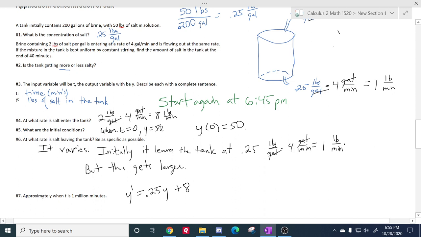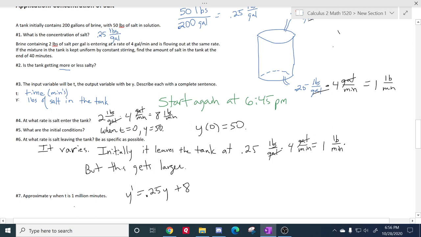But we can also just look at this by itself. Approximate y when t is 1 million minutes. Now, there's nothing special about 1 million. It's just that it's really, really, really huge.